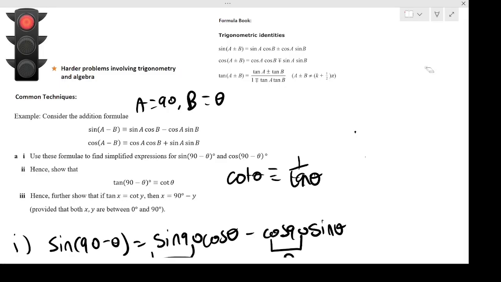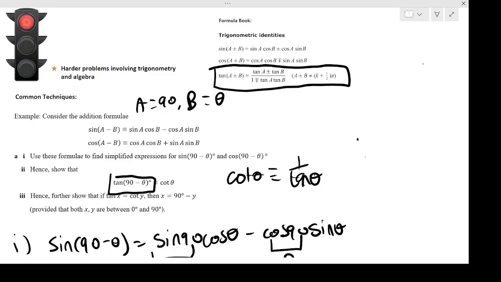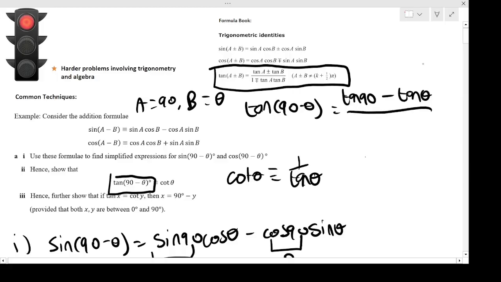Now, you might be thinking, can't I just directly use the formula for tan from the formula book to evaluate tan of 90 minus theta directly? If you were to evaluate tan 90 minus theta using this formula, that would be tan 90 minus tan theta over 1 plus tan 90 tan theta.